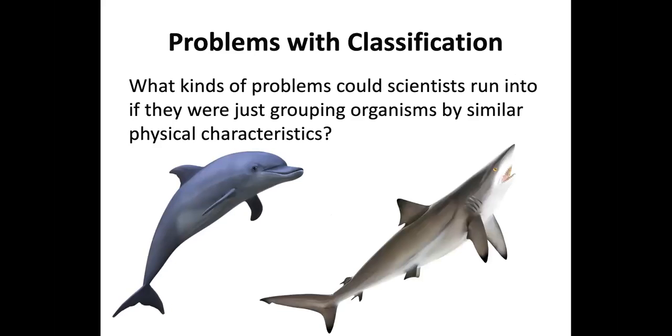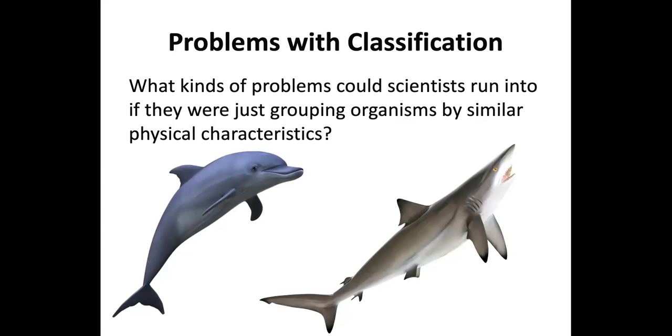So, problems with classification. What kind of problems do you think scientists could run into if they were just grouping organisms by similar physical characteristics? They eat different foods. They must live in the ocean. A dolphin wouldn't attack you, but a shark would.